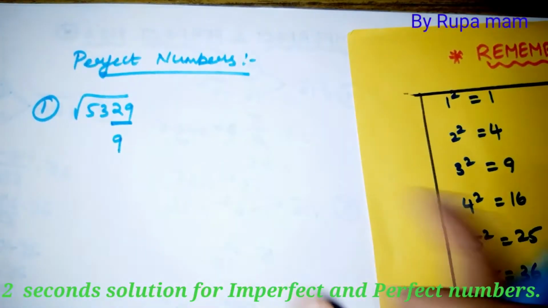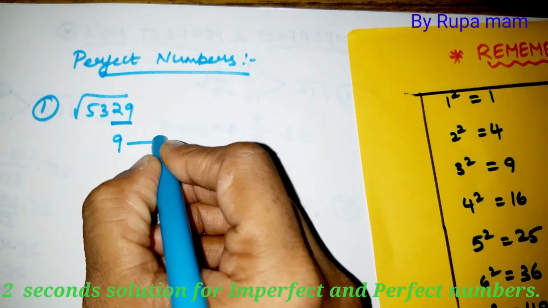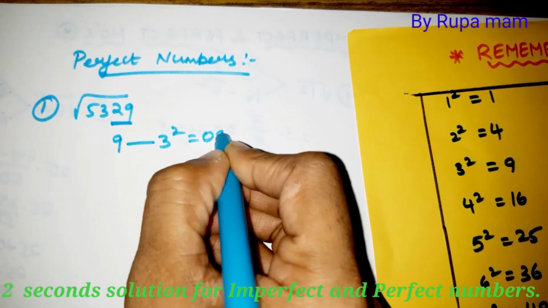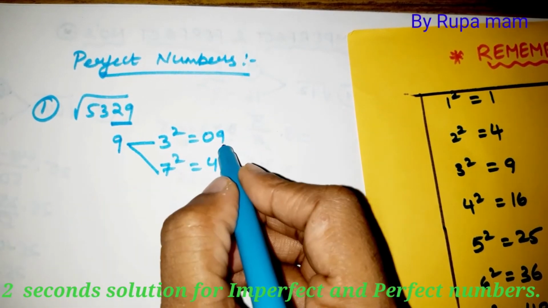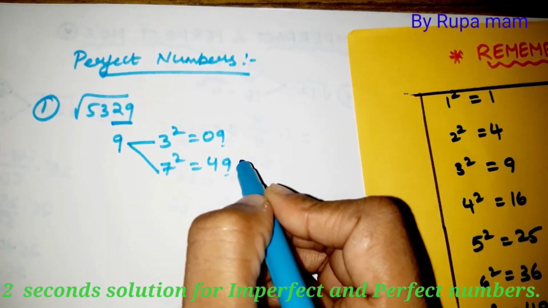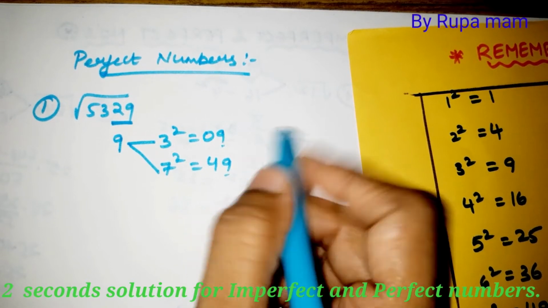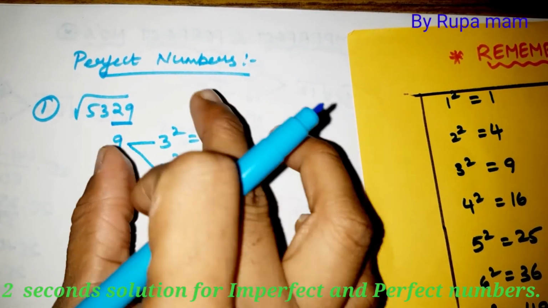Here 9 will be present in 3 and 7. Just write it on the side and leave that.